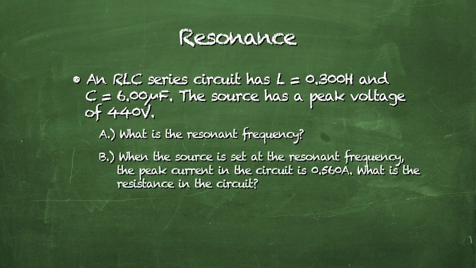When the source is set at the resonant frequency, the peak current in the circuit is 0.56 amperes. What is the resistance in the circuit? So go ahead and draw your diagram. Find the resonant frequency from the inductance and the capacitance, and then find the resistance of the circuit from the voltage and the peak current.